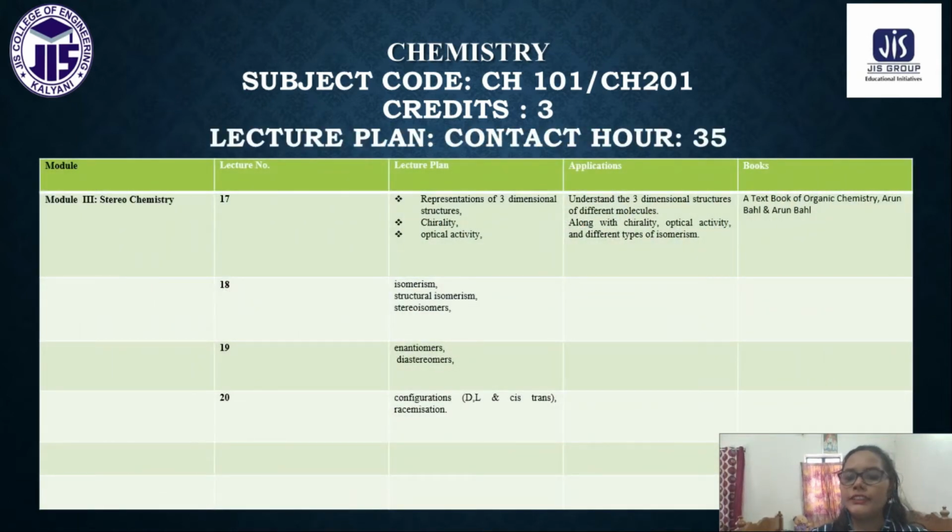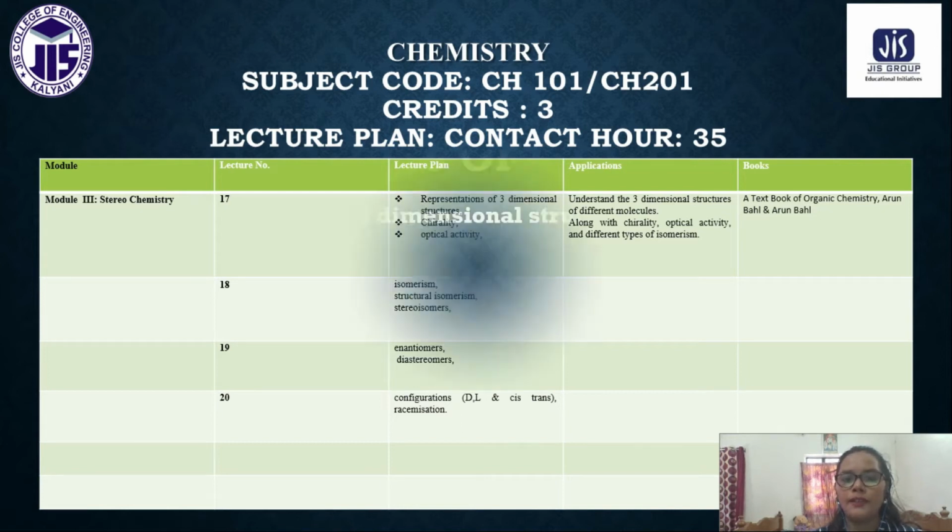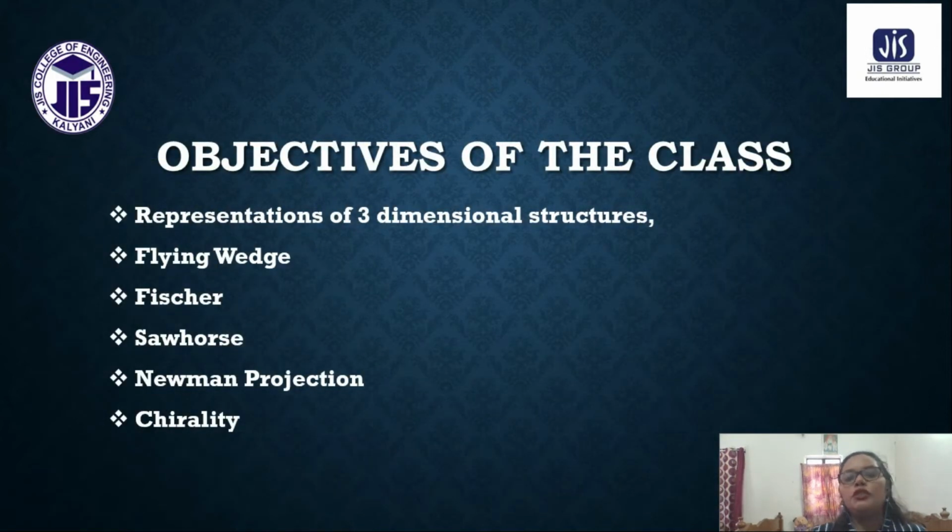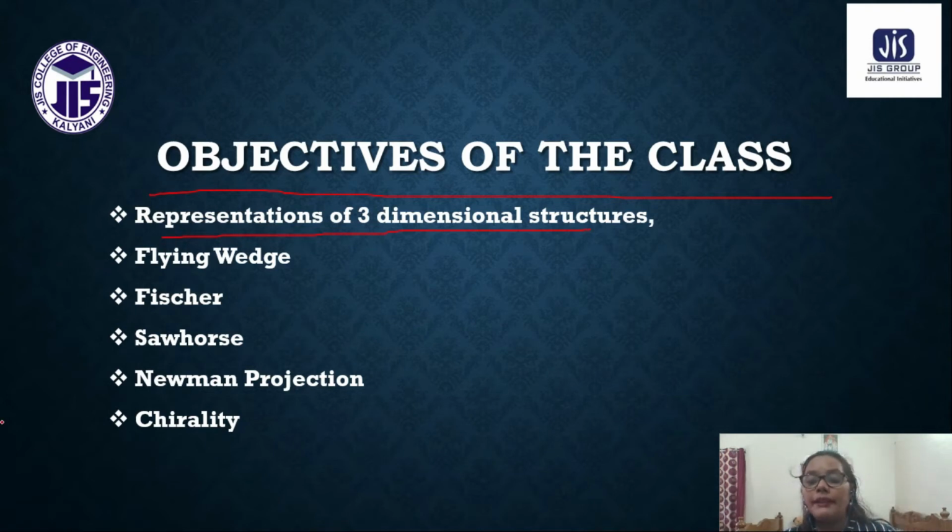So this is the lecture plan for stereochemistry. These are some of the objectives of today's class. First of all, we will see how we can represent a molecule in a three dimensional mode.